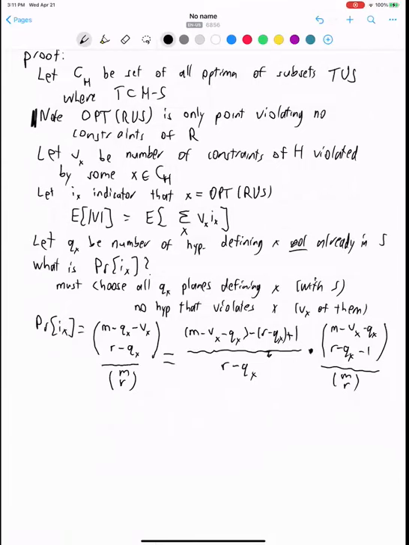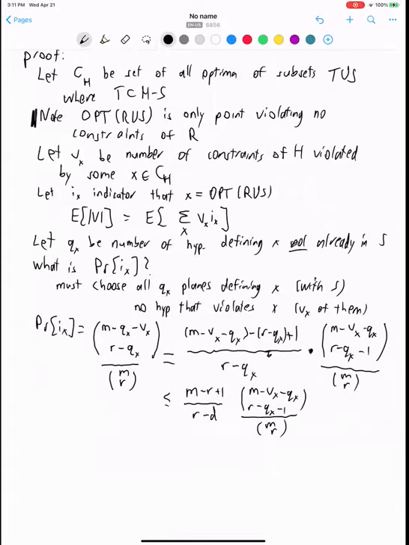And I'm now going to simplify this and just write it as (m - r + 1) divided by (r - d) times (m - vx - qx) choose (r - qx - 1), divided by m choose r.